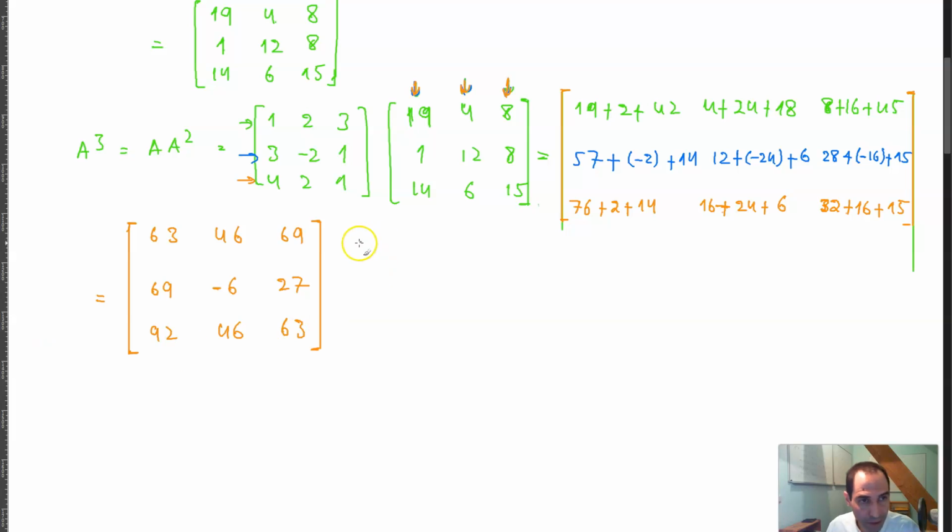Now let me check my answer with the answer that we have in the book. We have 63, 46, 69, 69, negative 6, 23. That's supposed to be 23. I was suspecting that I made a mistake here. You see, this is 28 plus 15, which is equal to 43. 8 plus 5 is equal to 13.